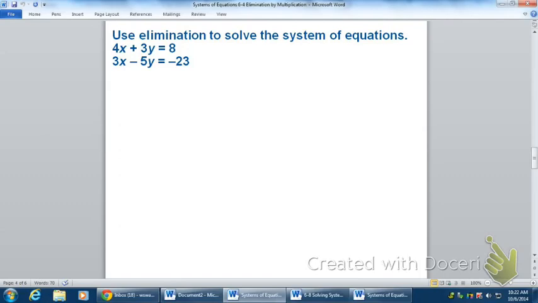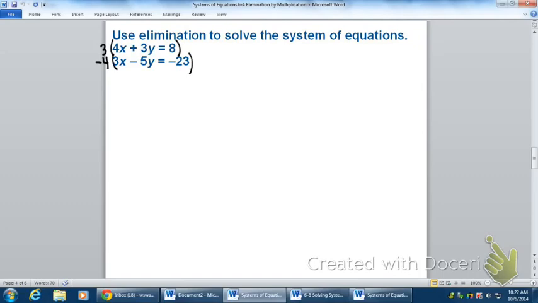If I multiply that first equation by 3, and that second equation by 4, my x's will cancel. The last step to this is, let's go ahead and make that bottom equation a negative, because I need a 12x and I need a negative 12x. Okay? So, I did it wrong again.